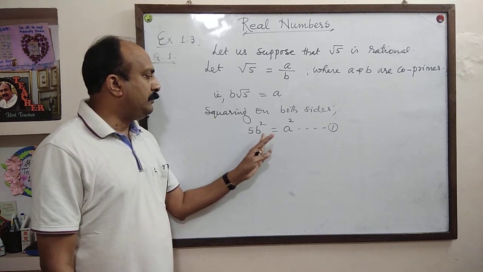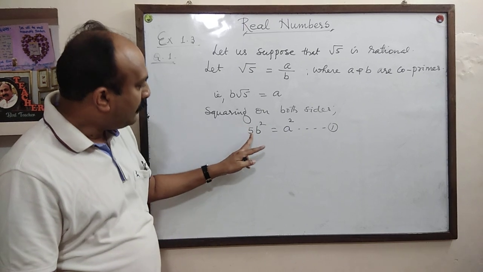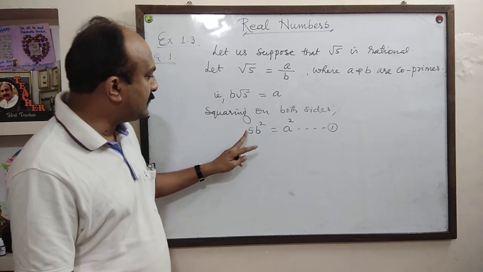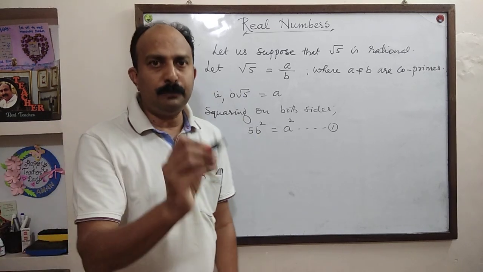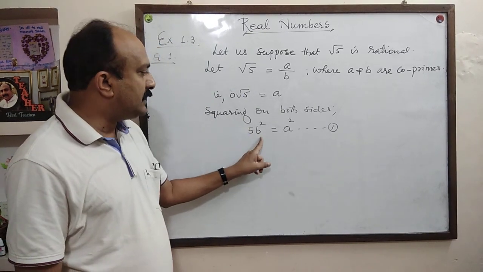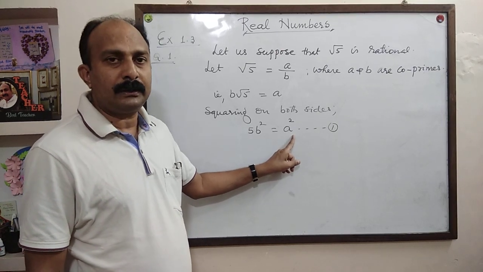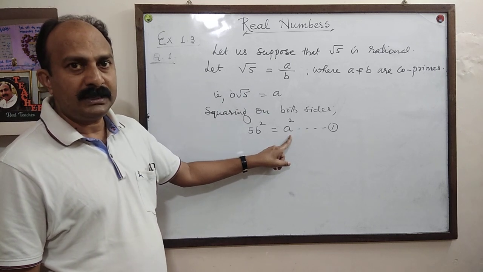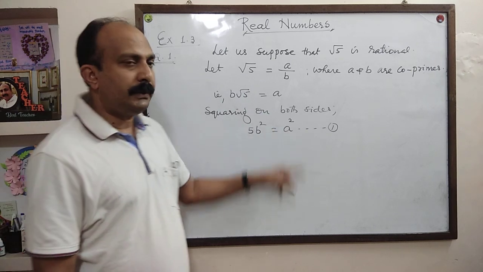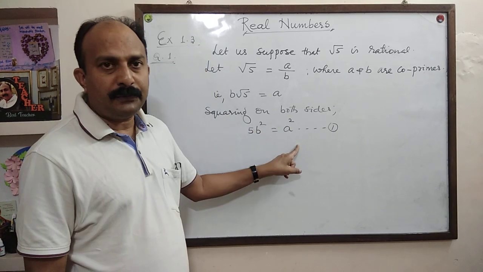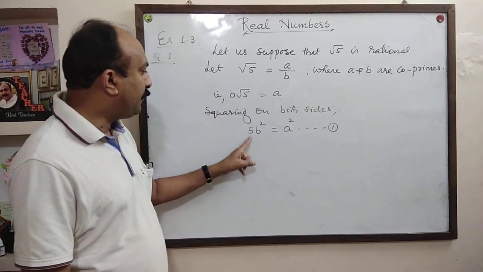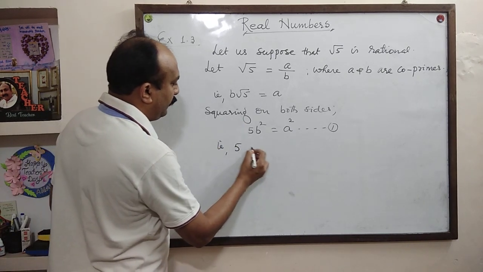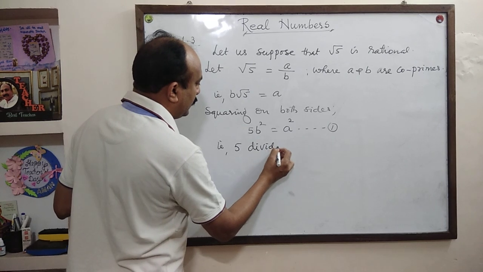What does that mean? 5B square equal to A square means 5 is a factor of A square. A square is written as 5 into B square, so 5 and B square are the factors of A square. Or we can say 5 divides A square. So I write that 5 divides A square.